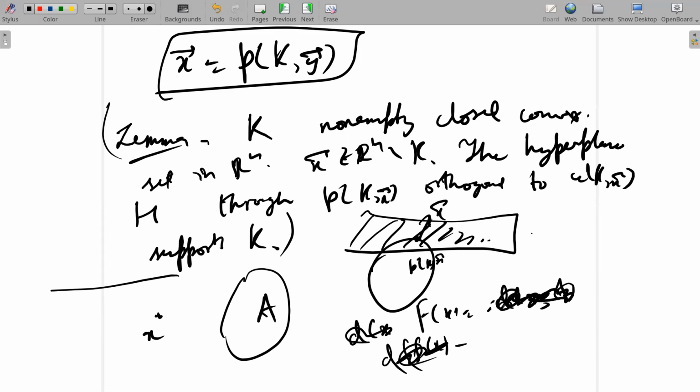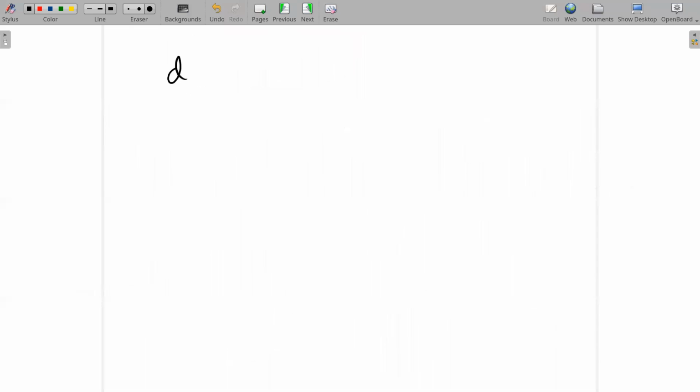So f(x) is the closest point in A to x, and what we want to say is that the distance of f(x) and f(y) is less than or equal to the distance of x and y.